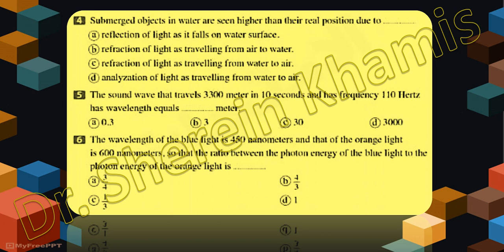Yes, this is the right answer. Analyzation of light as it travels from water to air, no, it's not a right answer at all.